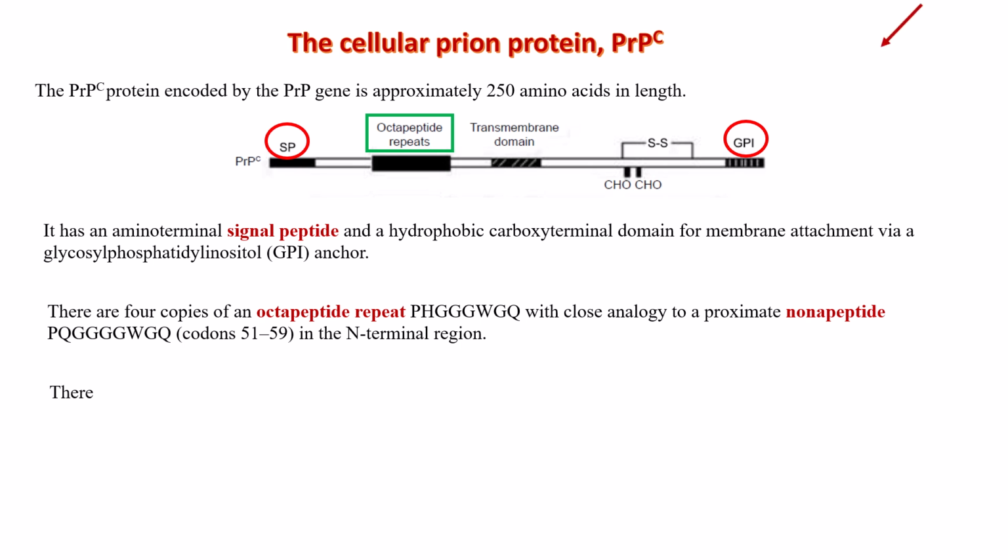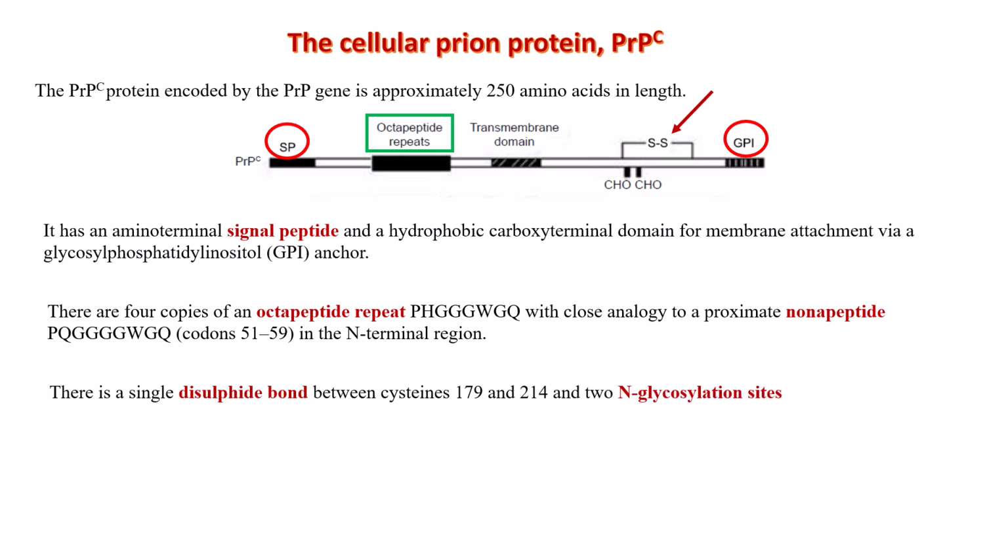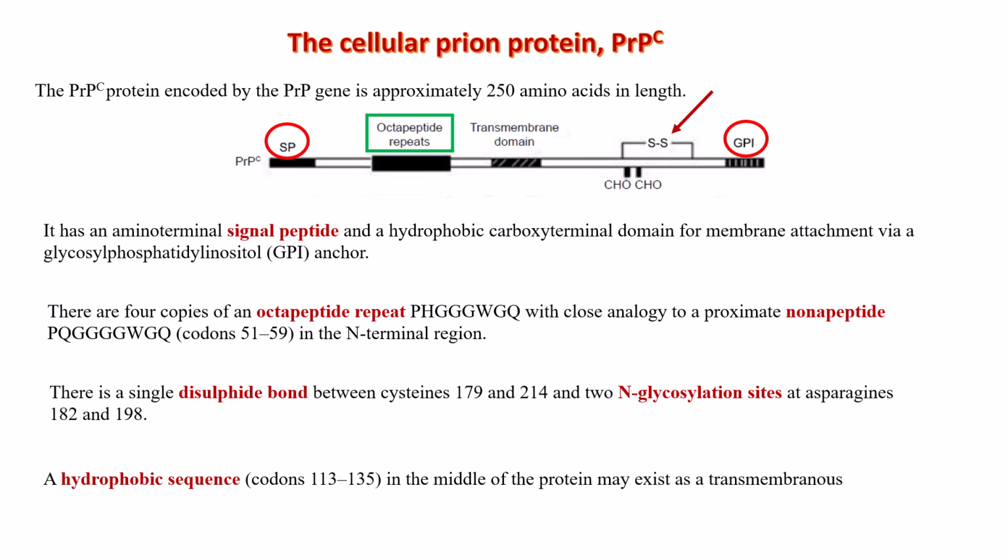There is a single disulfide bond between the cysteines 179 and 214 and 2 N-glycosylation sites at asparagines 182 and 198. A hydrophobic sequence in the middle of the protein may exist as a transmembranous region in some PRP isoforms.